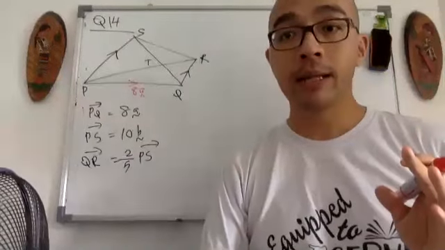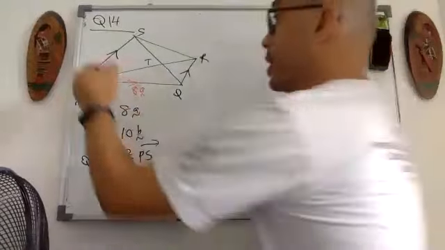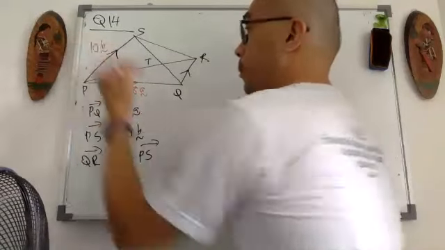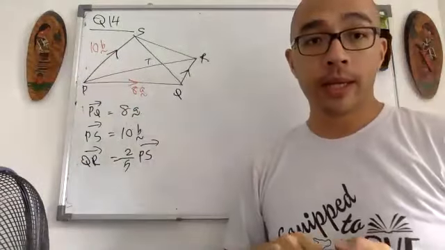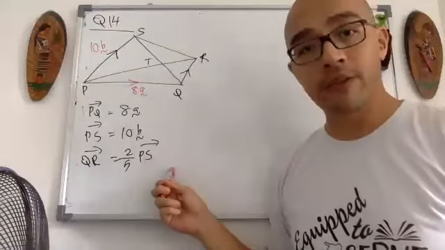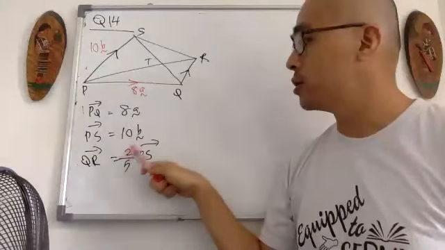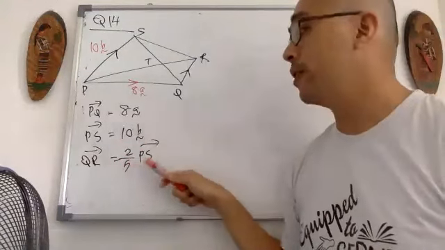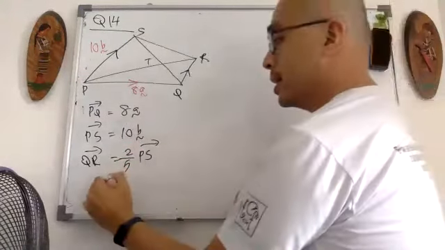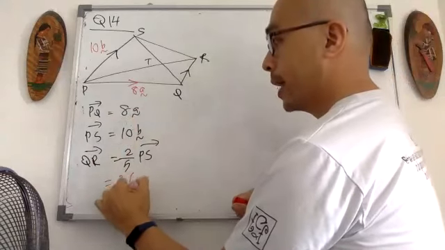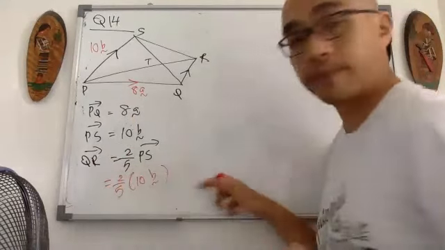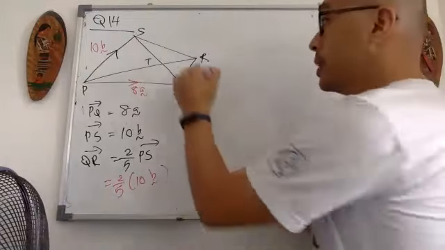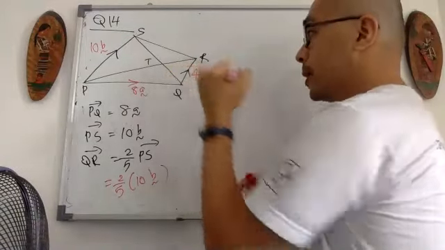They are parallel, but they're not the same because we're given that PS is 10B. Now take a look at this. The third piece of information is that QR equals to 2 over 5 PS. Now, if QR is 2 over 5 PS, I can say that this is 2 over 5 times 10B. Therefore, this makes us 4B.